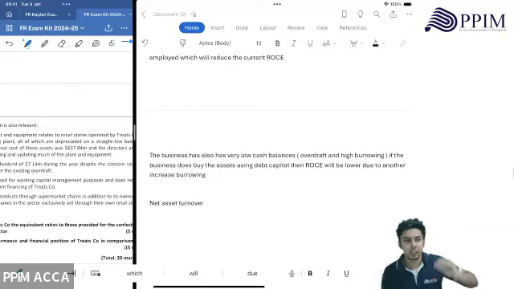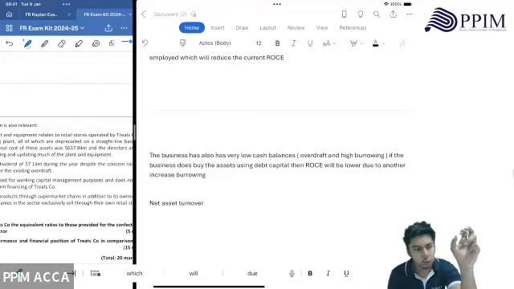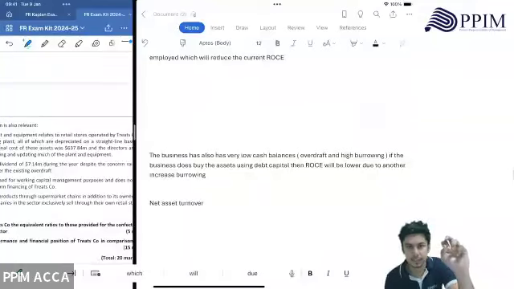Now, see, when you hold old assets, your capital employed will be less.